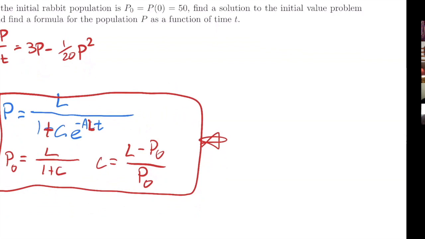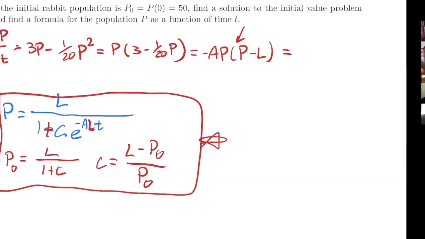To write this in the standard form for the logistic model, I can factor out a P from both terms. And then what I'd like to do again is have this in the form of minus AP times P minus L. So notice that when I write it in this form, the coefficient in front of P should be 1.